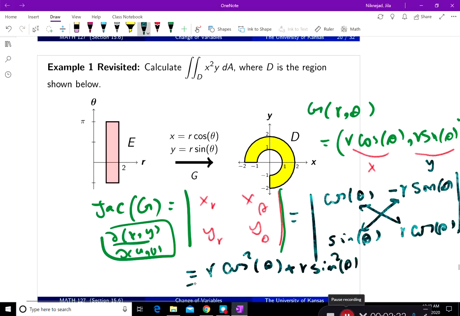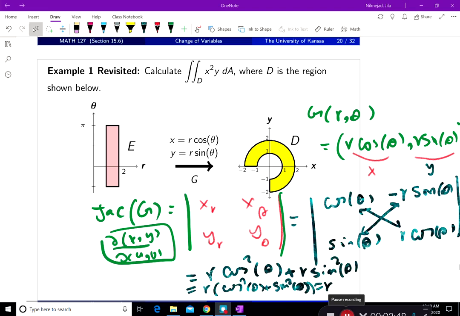Now if I factor r, I end up with cosine squared theta plus sine squared theta inside the factor, and that gives me r. So the Jacobian is equal to r, and r is a positive value, so that is going to be our scaling factor.